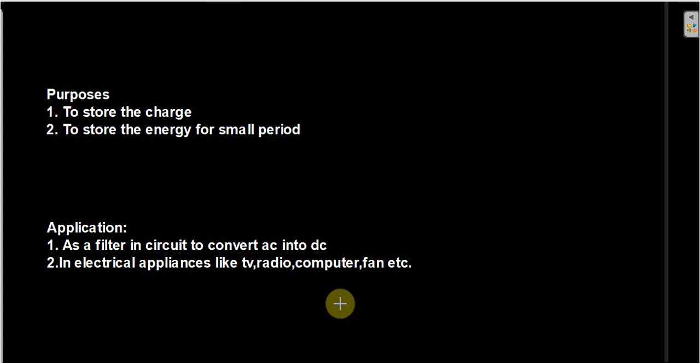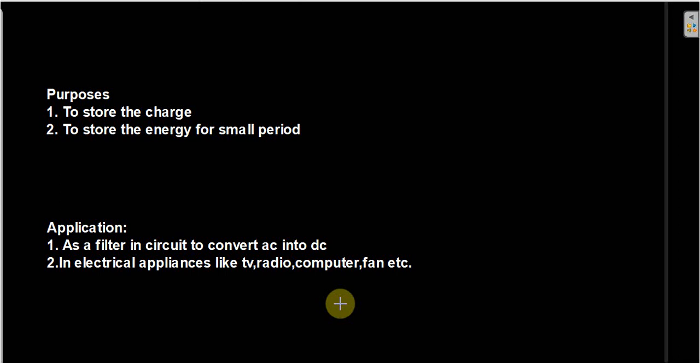For example, when you change your channel on your television, or move the knob of a radio and get a different channel, there is an LC, inductor and capacitor, tuned circuit which is used for resonance and to change the channel. You will study this concept in the next chapter, the electromagnetic chapter, where you will learn Faraday's laws and I will clear that concept there. Basically capacitor is used in all kinds of electrical equipment, in your fan and all.